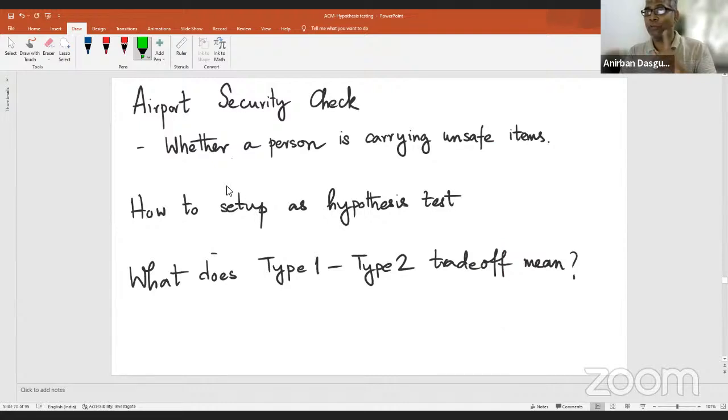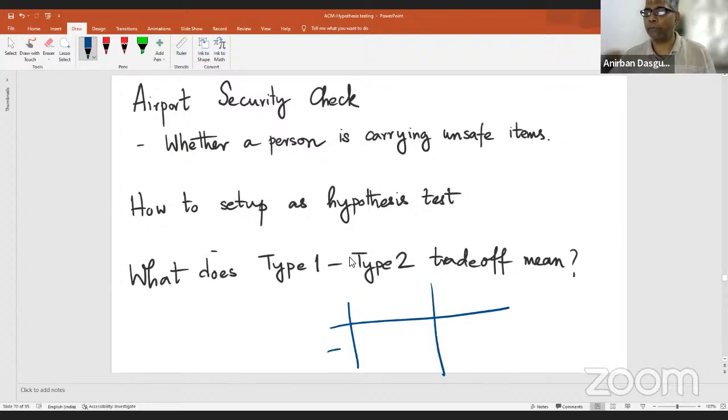Here is my last question, and then the cartoon. Suppose in an airport security check, how can we set this up as a hypothesis test? And what is the type 1, type 2 trade-off? Which one would you like to commit? Because there's always a trade-off between type 1 and type 2.